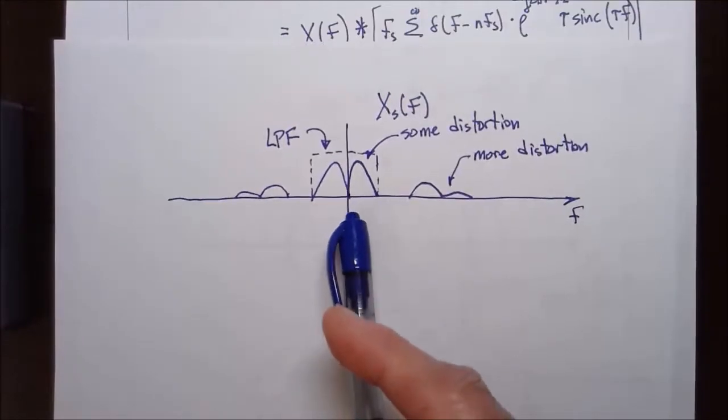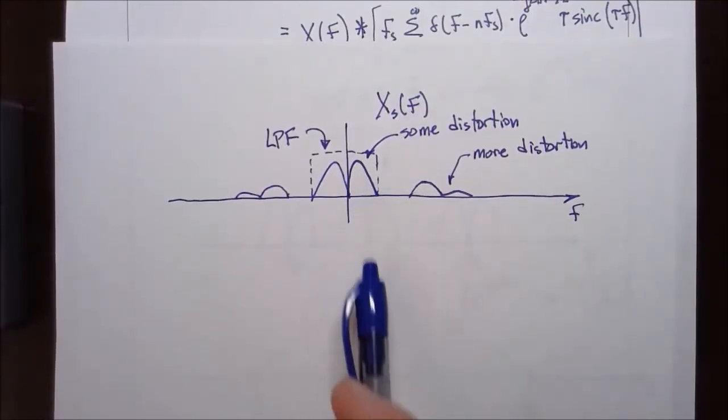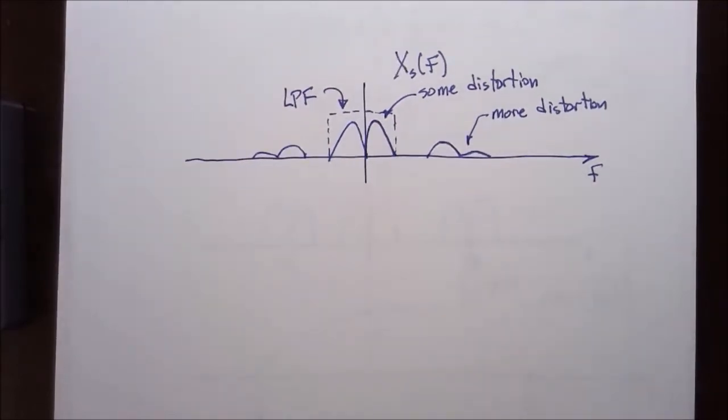So it would be possible to take this flat top sampled signal, low-pass filter it, and then compensate for this distortion with another filter, and achieve good results.